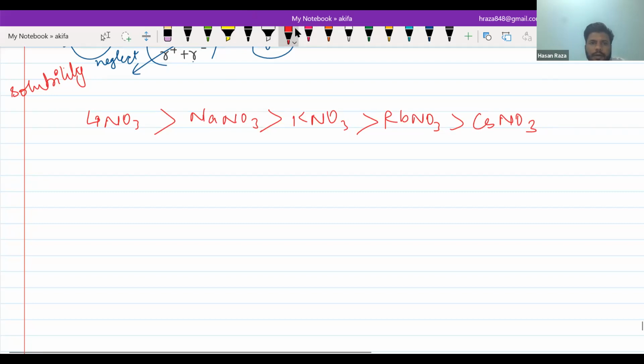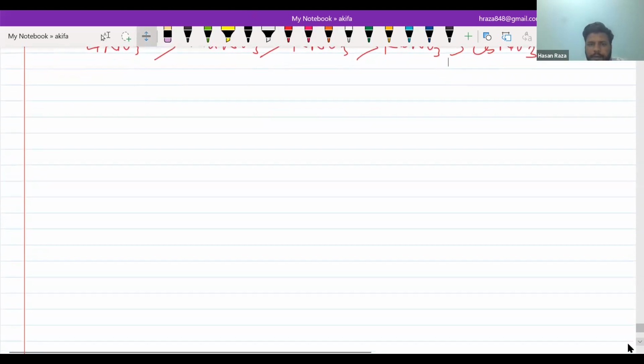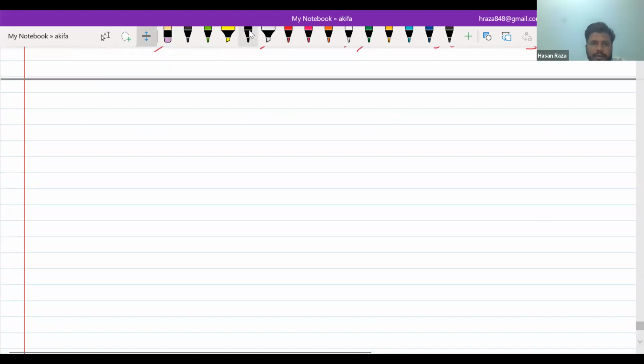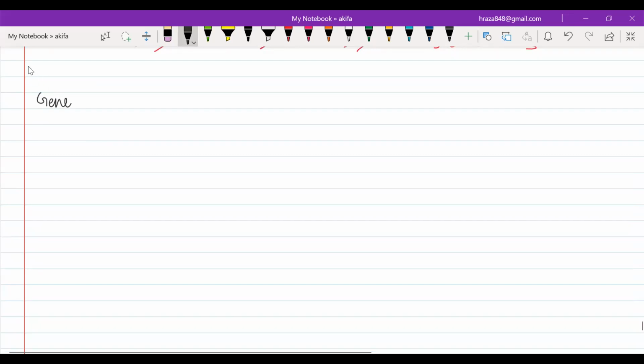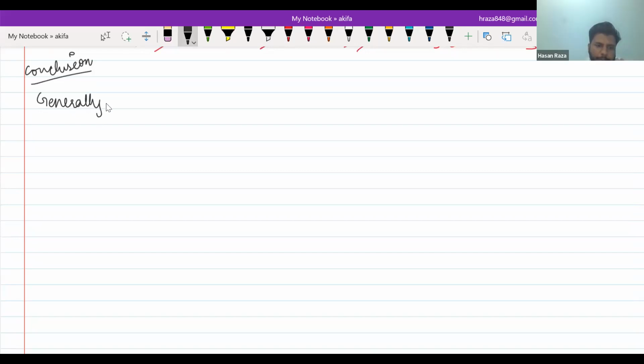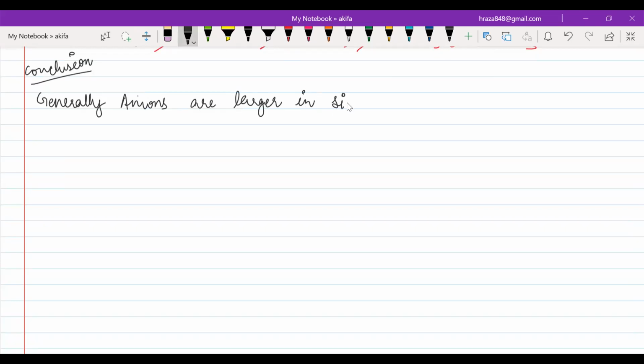Now, another important point I'm going to write regarding solubility. Generally, this is basically a conclusion, or you can say notes. Generally, anions are larger in size.